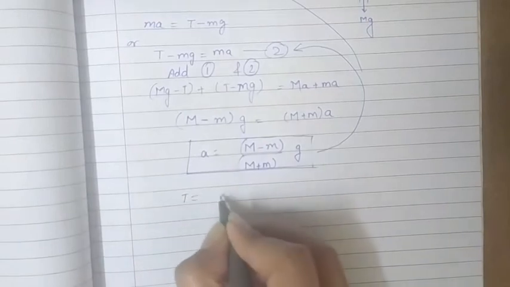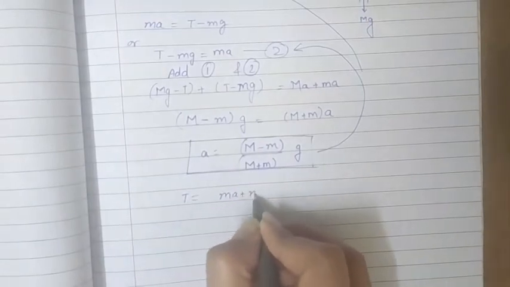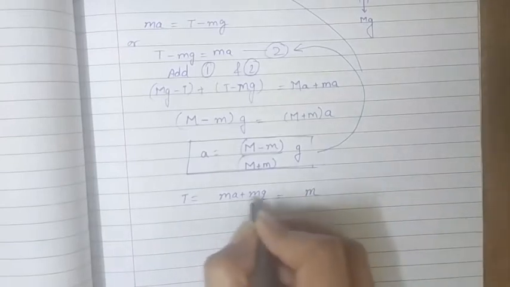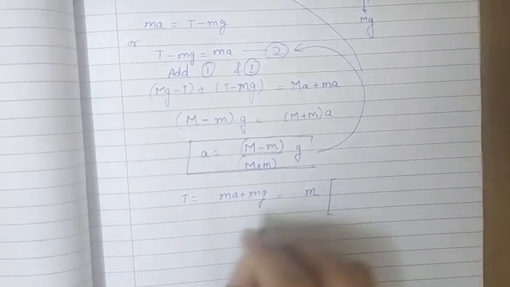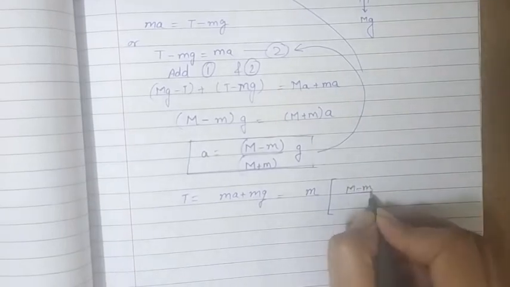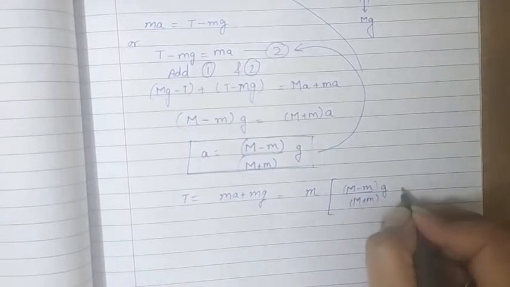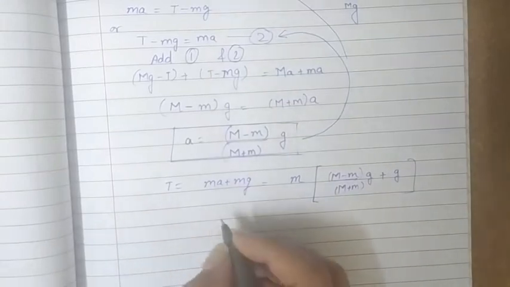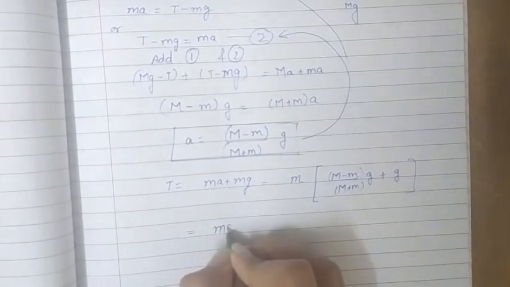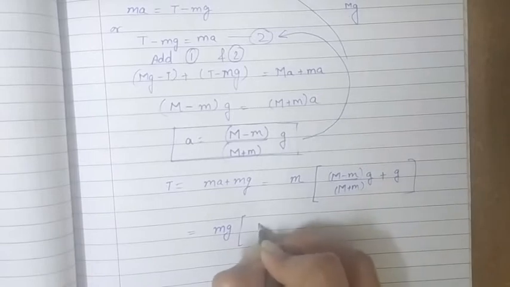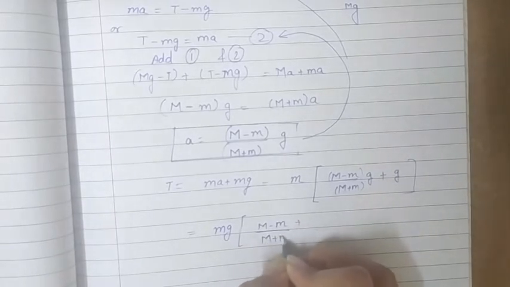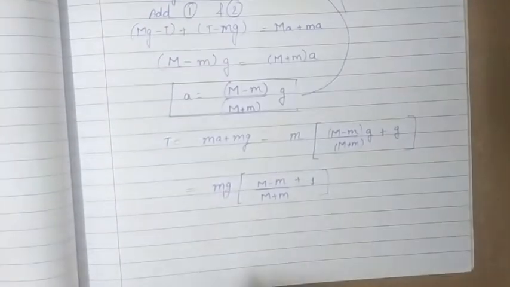So T will be ma plus mg, and when we substitute the value of a, it will be m common, and in place of a the value comes: M minus m upon M plus m into g, plus g. Now g can also be common, so this becomes mg, and within the bracket it will be M minus m upon M plus m, plus 1. Now it's up to you how much you want to solve it. So that's how we can find tension also.